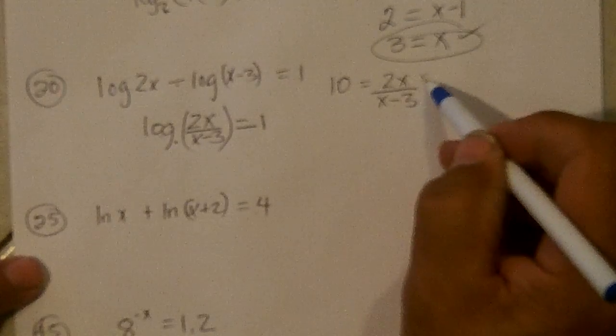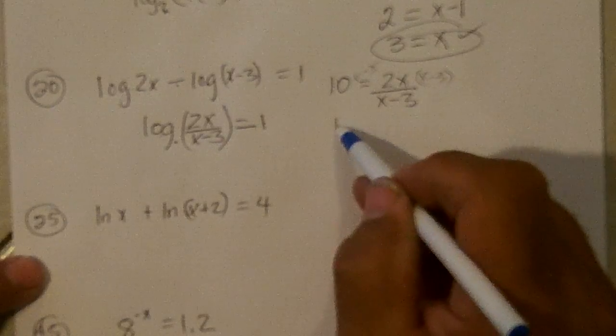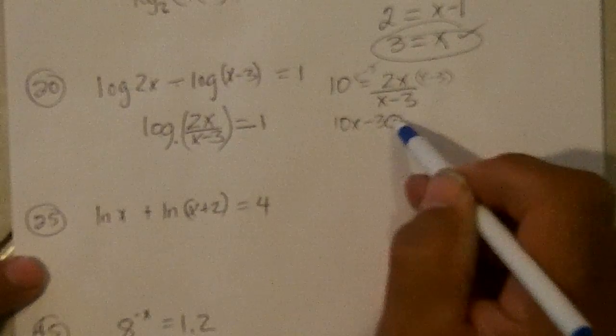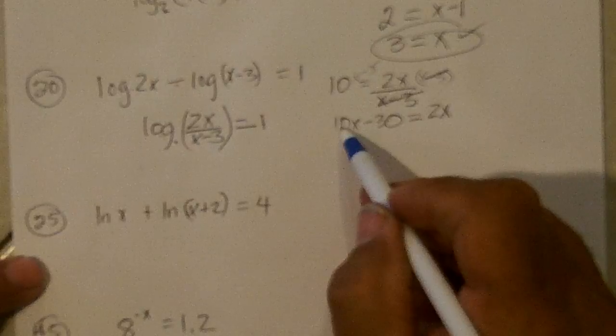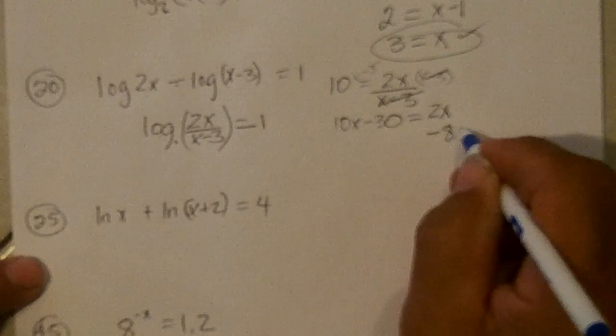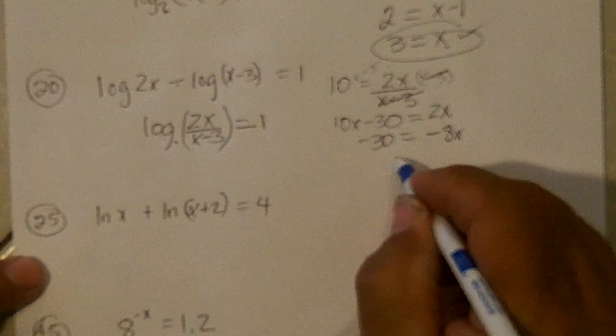Multiply both sides by x minus 3, and I get 10x minus 30 equals 2x. Subtract 10x, I get negative 8x equals negative 30.